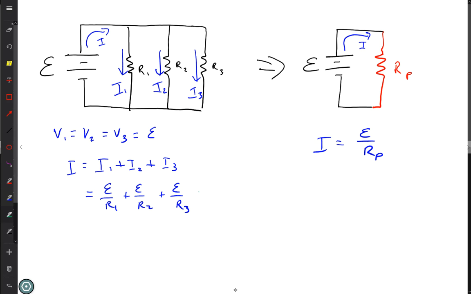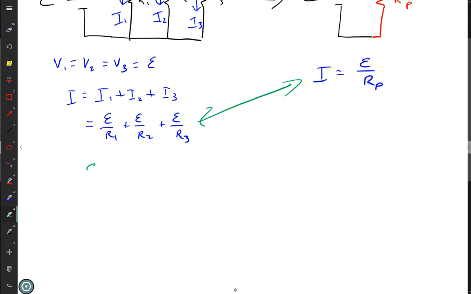So once again, just like last time, set those equal to each other. You have the EMF over R parallel equals EMF over R1 plus EMF over R2 plus EMF over R3, canceling out the EMF since it's in every term.